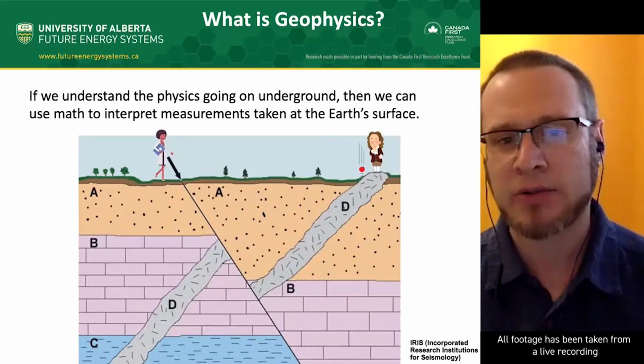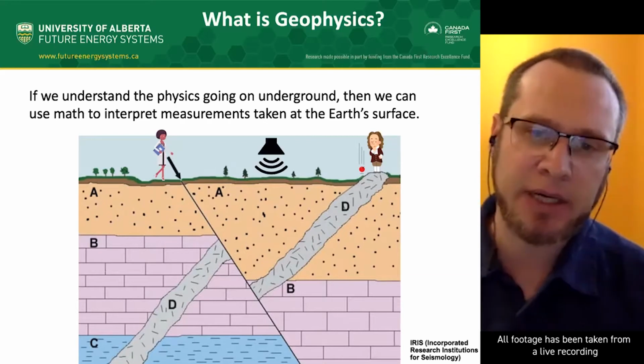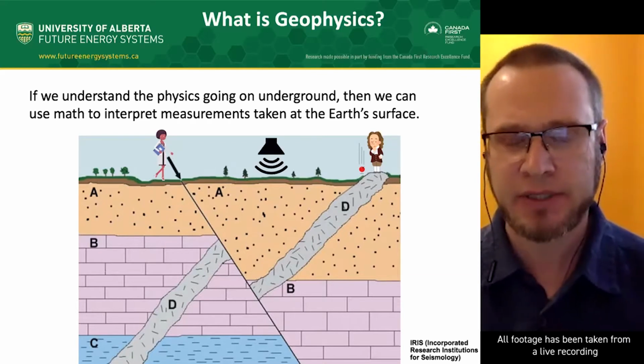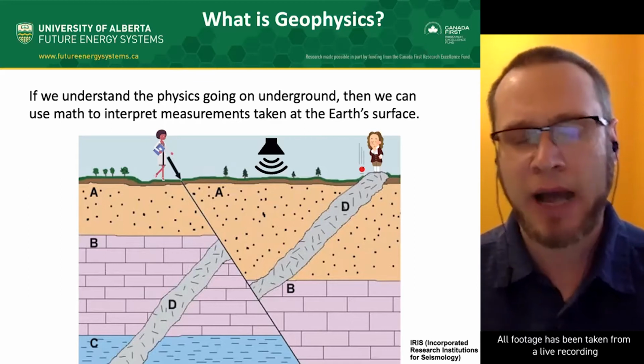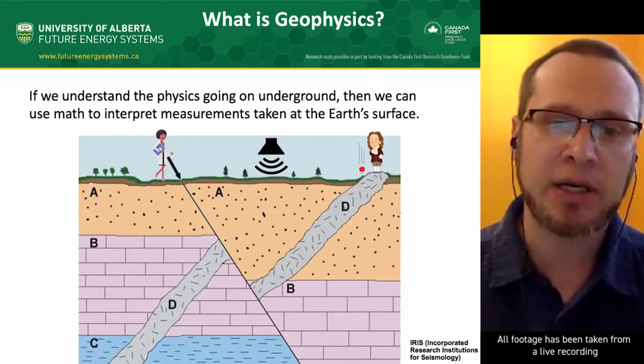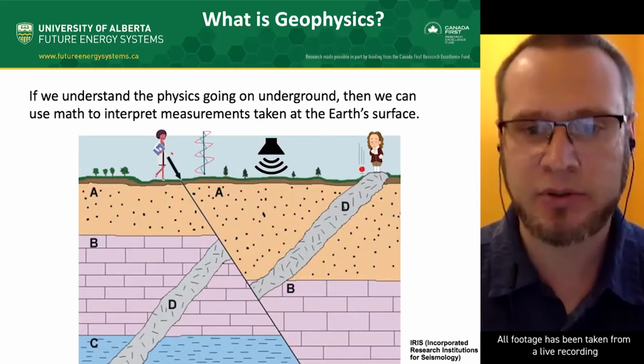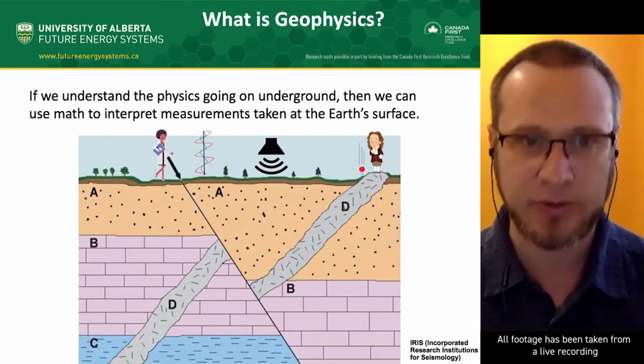If we know how sound waves propagate through different types of rocks, we can use seismic to image the subsurface. And if we know how electromagnetic waves, such as radio waves, interact with different types of rocks, we can use them to paint a picture of the underground.